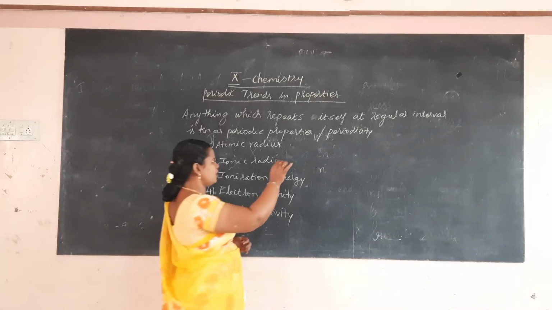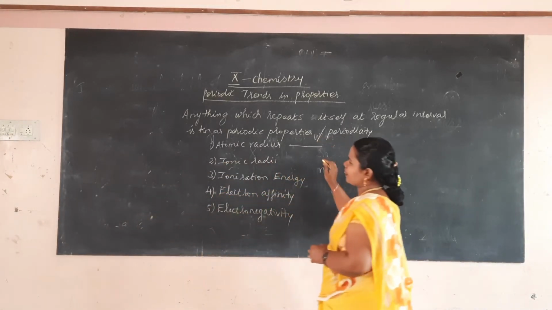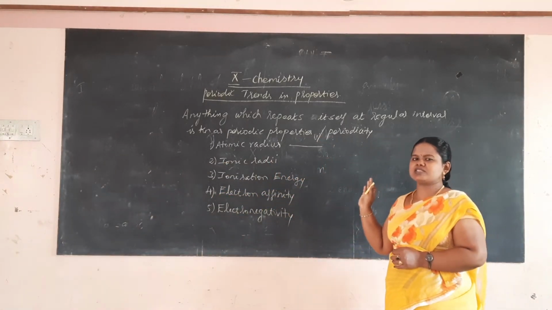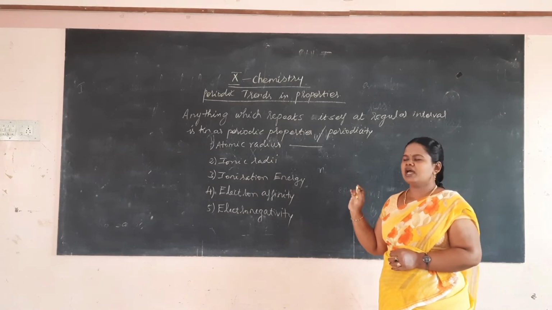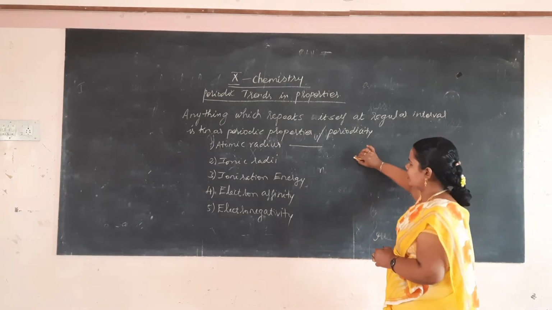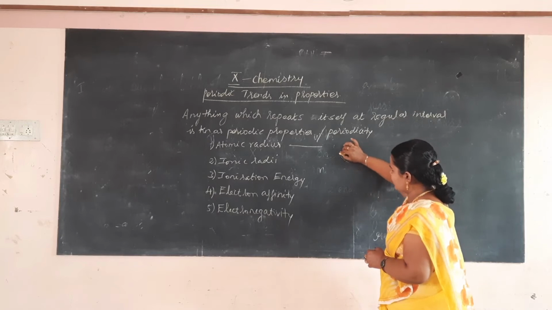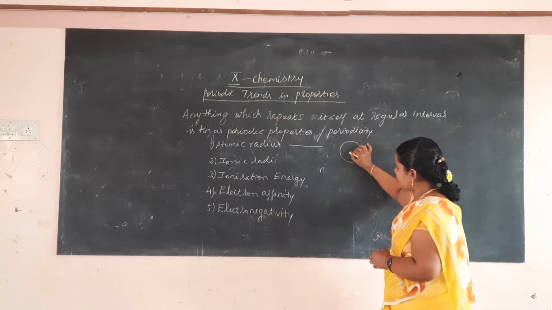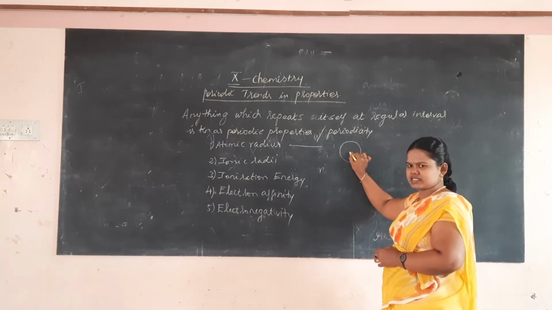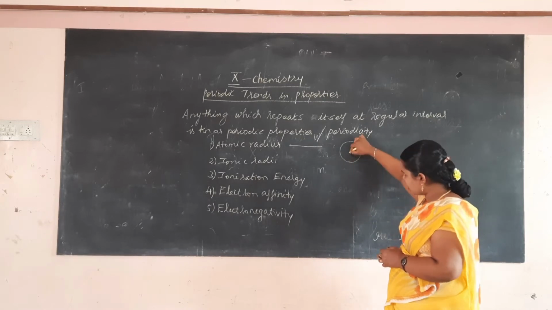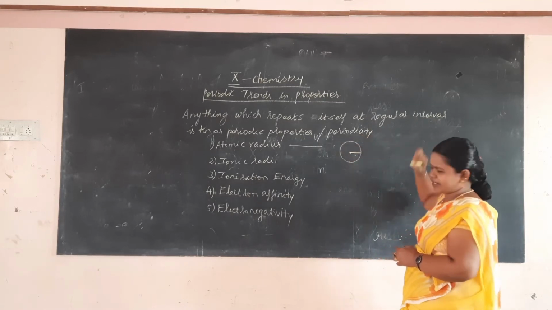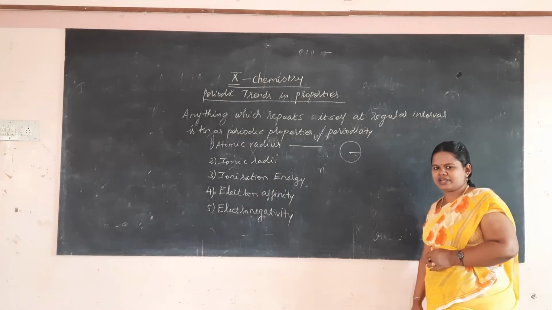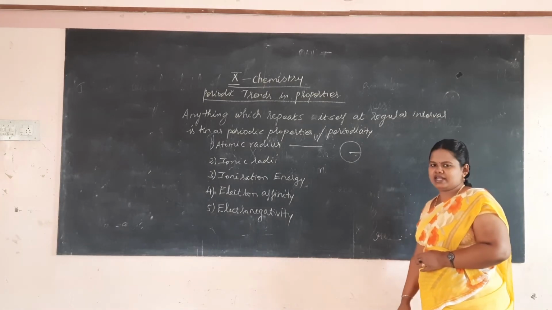So today we will see what the atomic radius is. The atomic radius is the distance between the center of the nucleus and the outermost shell containing the valence electrons. For example, here is one atom. What is the atomic radius? It is the distance between the center of the nucleus and the outermost shell containing the valence electrons.